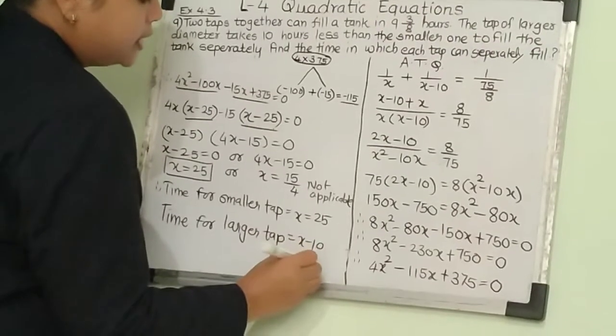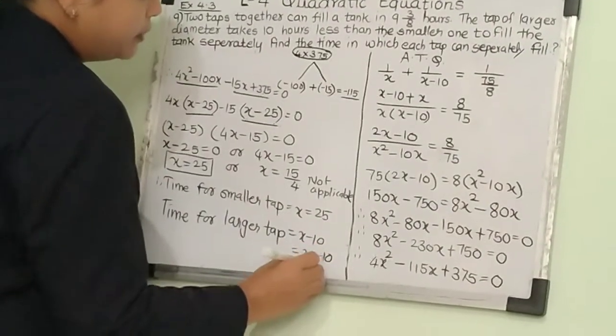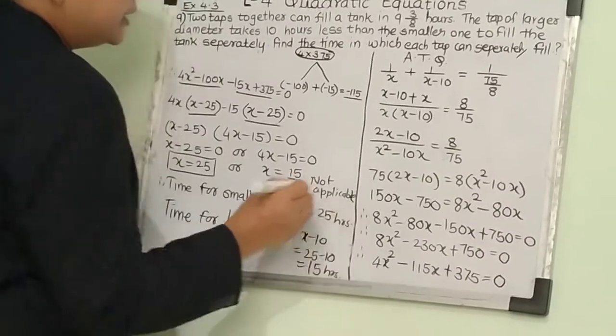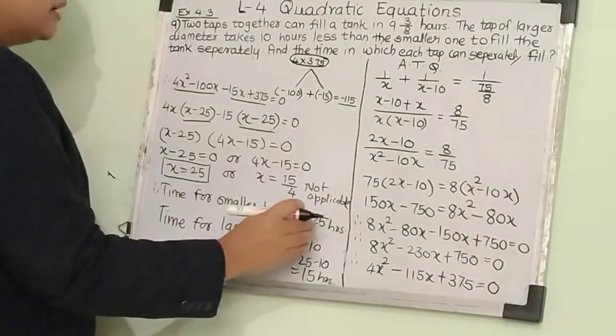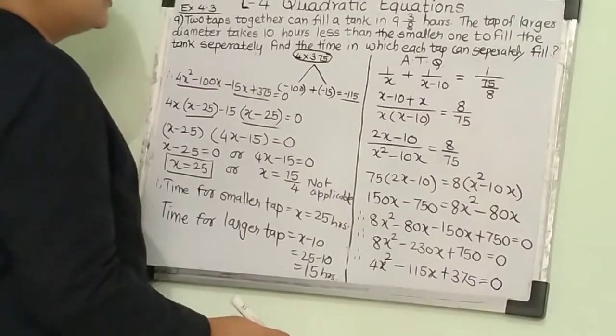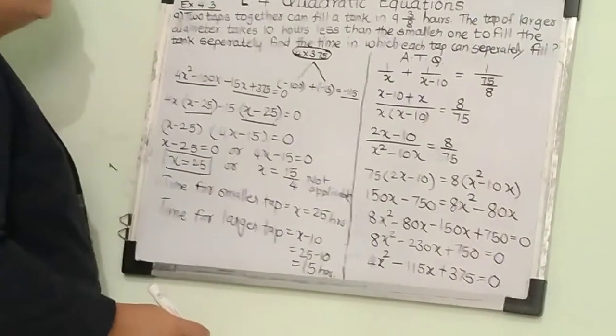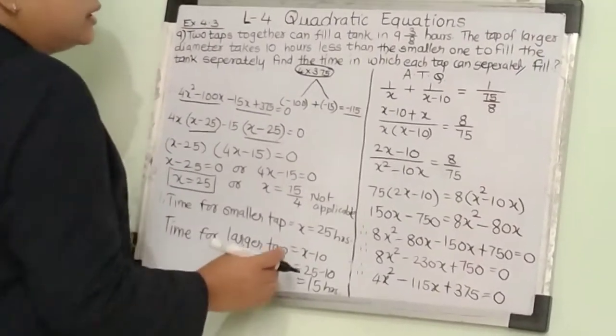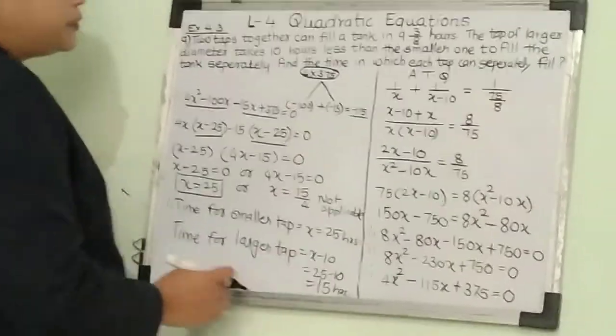So 25 minus 10, we get 15 hours. So separately they will require 25 hours and 15 hours. In this way we can solve the word problem by using the quadratic equations method.